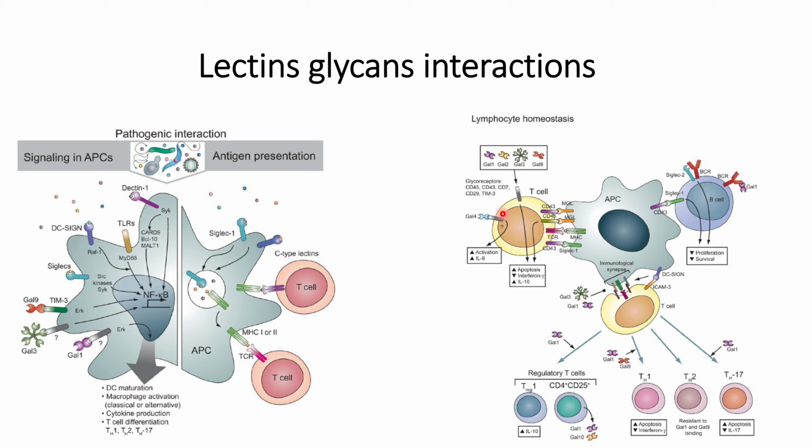Along with that, when galectins such as galectin 1, 2, 3, and 9 interact with these T cells, it will trigger apoptosis and also interleukin 10 upregulation. Interleukin 10 is upregulated not only because of T cells interacting with galectin 3, but also when regulatory T cells are produced.